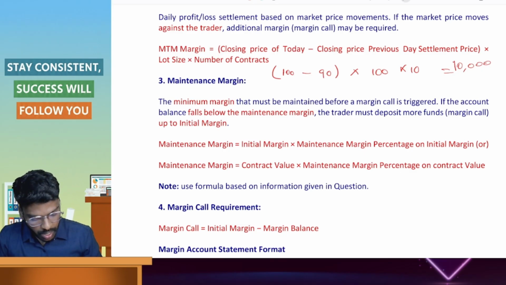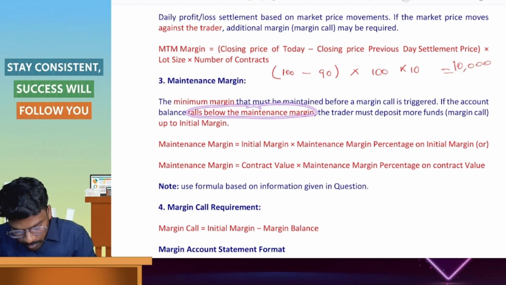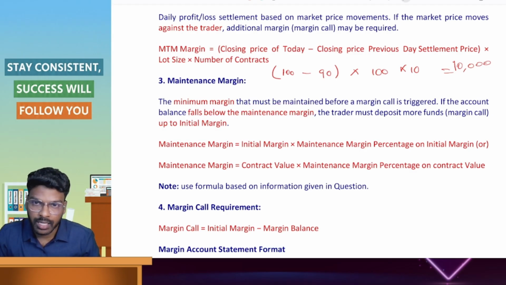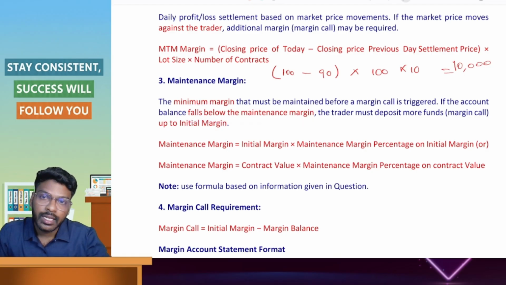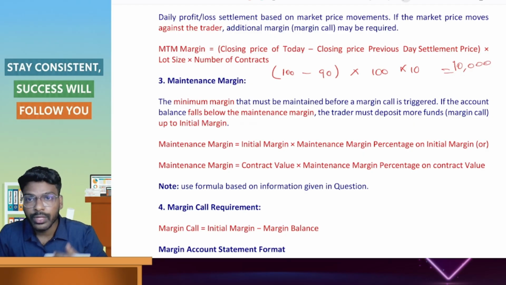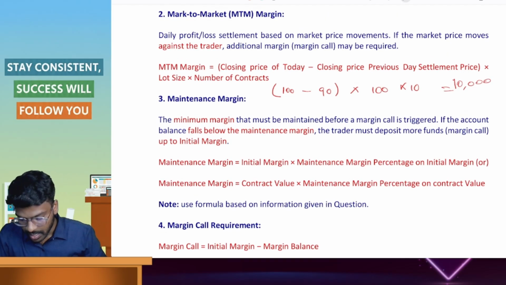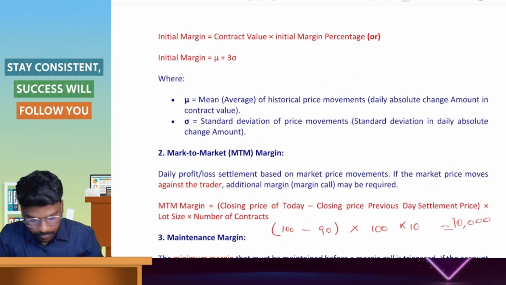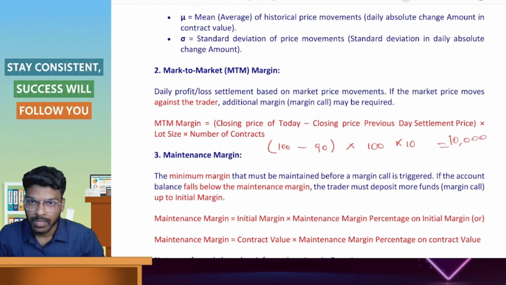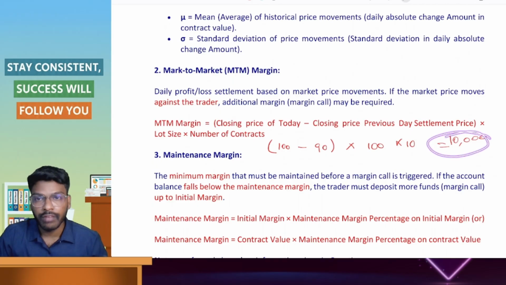The maintenance margin will be fixed by the exchanges. If the amount in the margin account falls below the maintenance margin, that is, in case you have a 10,000 profit, you have initial margin of 15,000, then your balance will become 25,000.